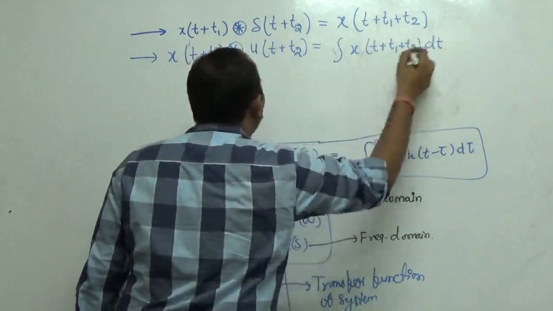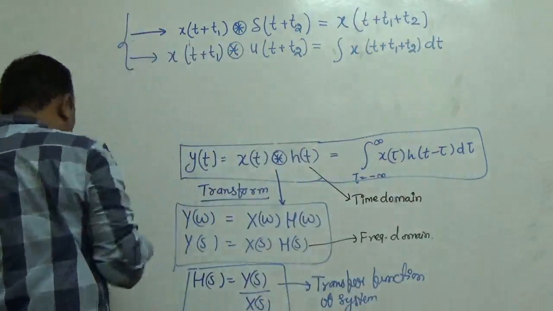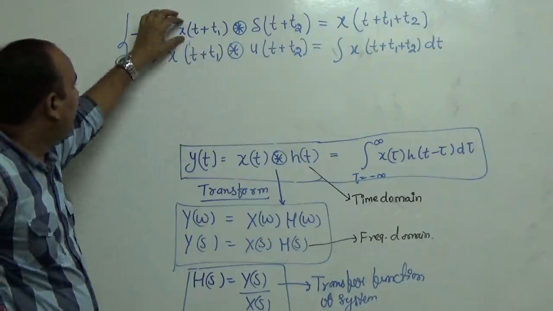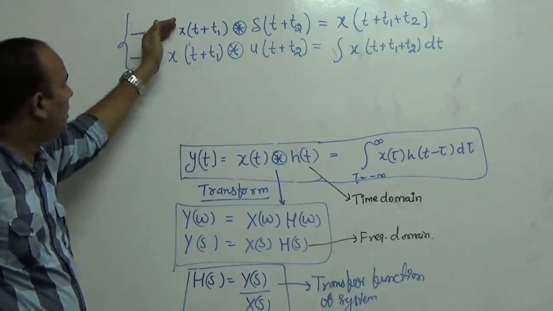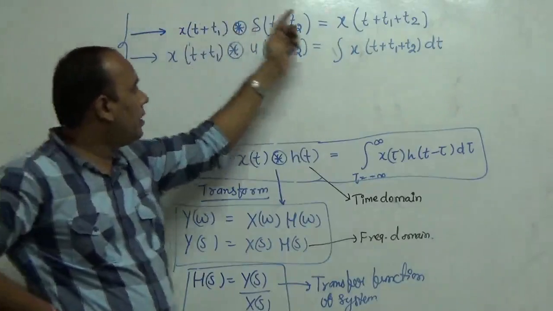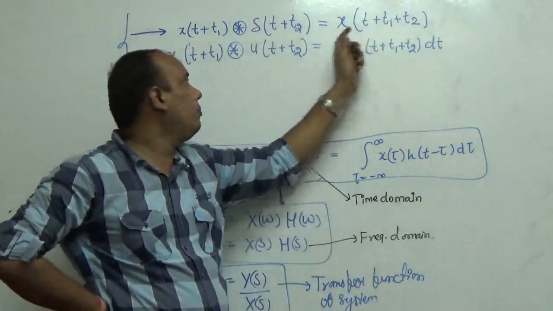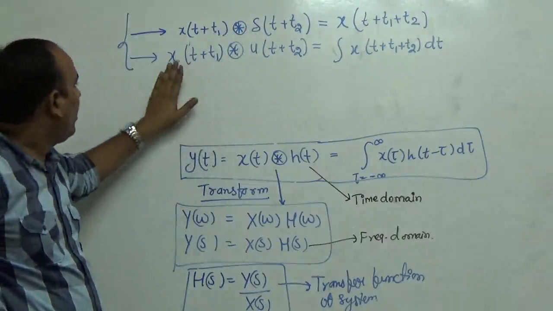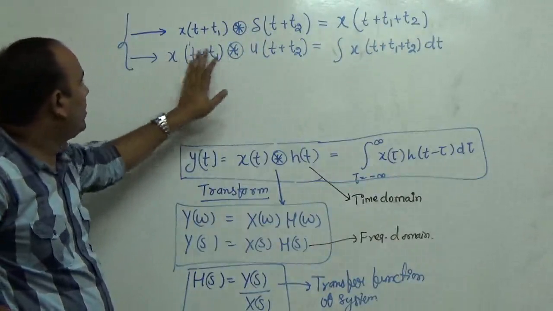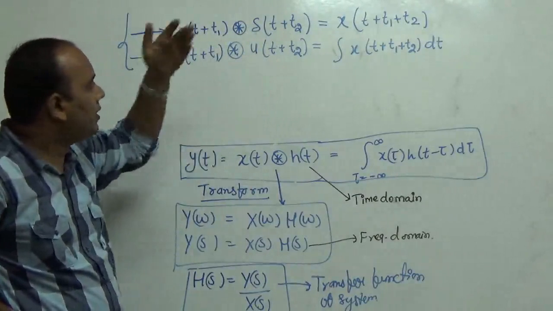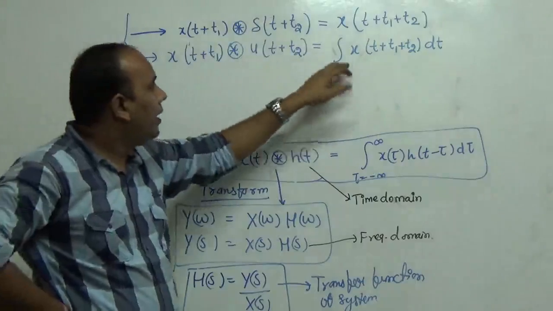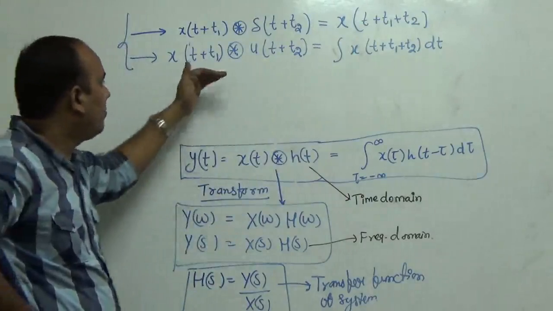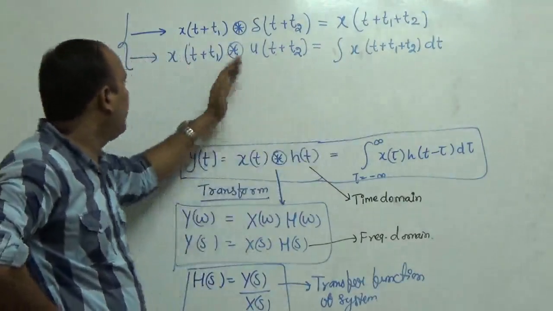So for solving any type of problem you can use these formulas: the convolution of any function with delta(t) remains the same function, shifted by the sum of both shifts. Also, if we take the convolution of any function with u(t), the unit step function, it will be the integral of that function, shifted by t1 plus t2.